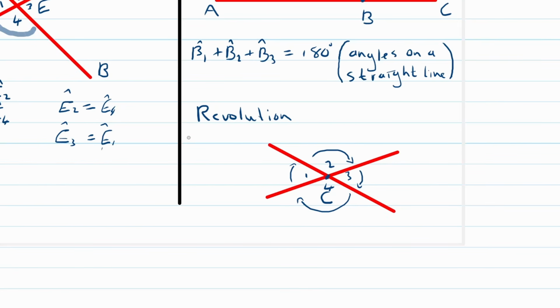And in case of a revolution, the angles add up to 360 degrees. So C1 plus C2 plus C3 plus C4 is equal to 360 degrees.